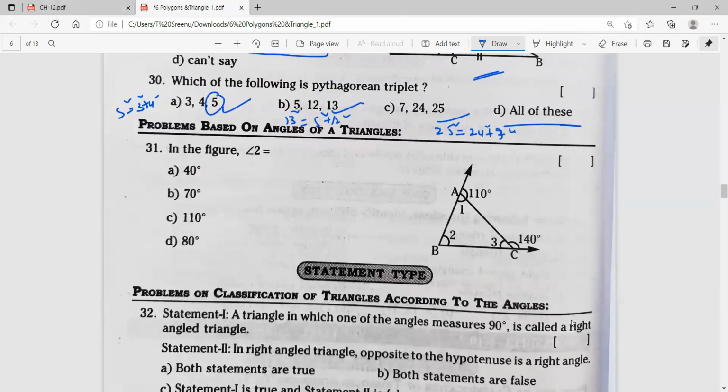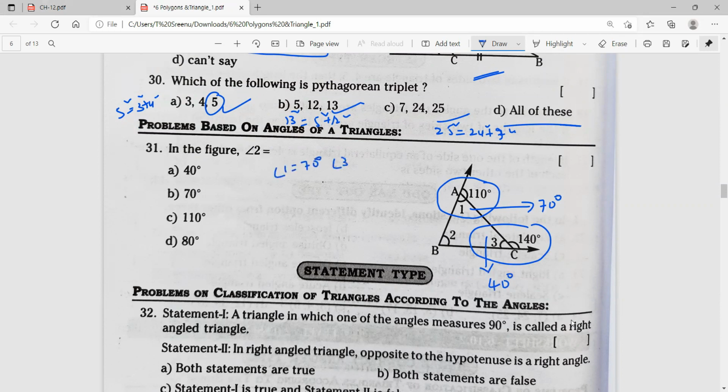Right. And the seventh question, angle 2. Here the total is equal to 180. Then how much is angle 1? 70 degrees. Angle 3 is equal to 40. Then what is the value of angle 2?